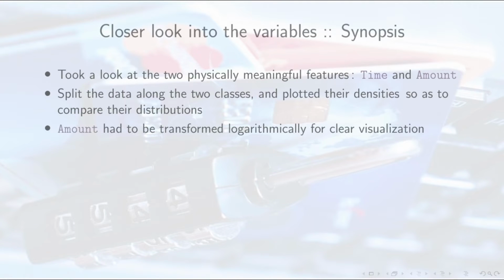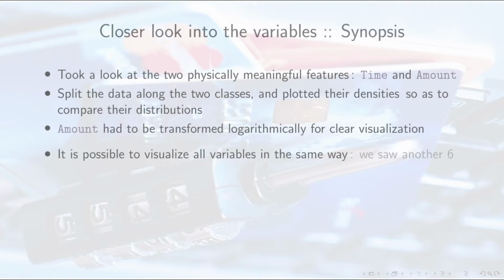Now amount had a peculiar behavior, that it was very skewed and had very small amounts where most of the transactions were crowded. So we took a logarithmic transformation to distribute those small amounts into a larger space on the x-axis.